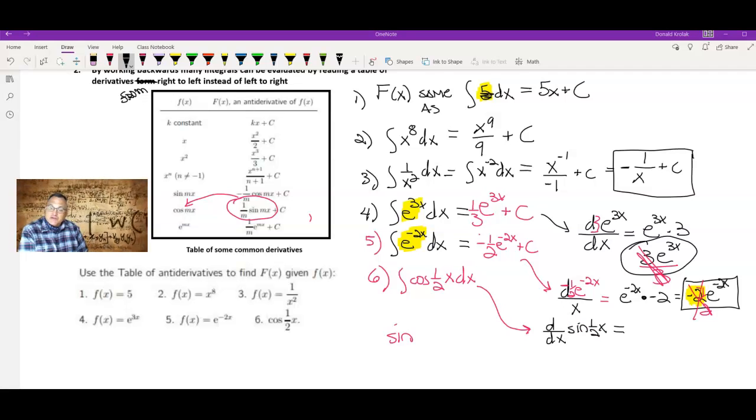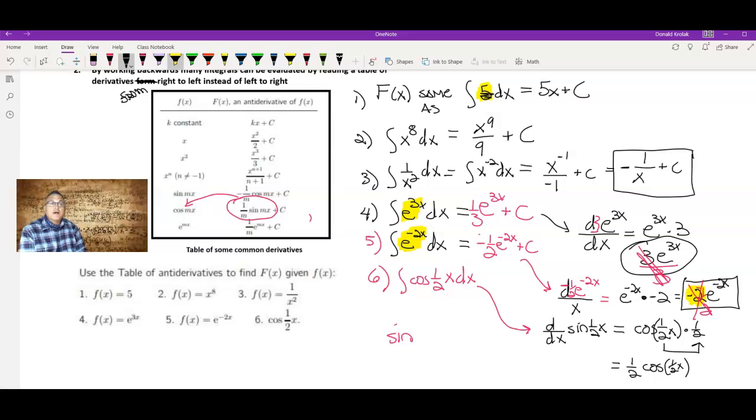So if I take the derivative of sine, the derivative of sine is cosine of 1/2 x times the derivative of the argument here. The derivative of 1/2 x is 1/2. So that derivative would be 1/2 cosine of 1/2 x. Well, it's almost what we want.